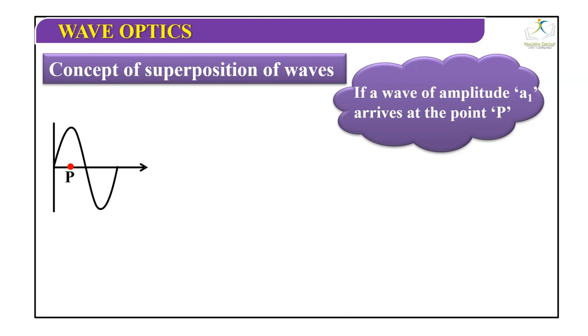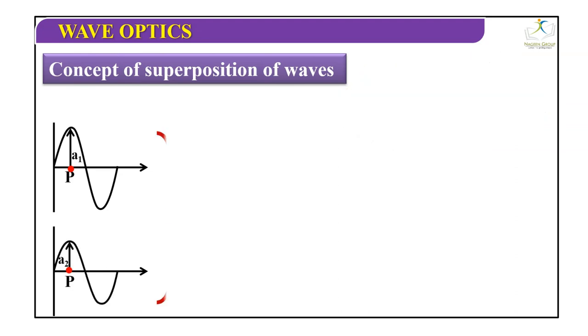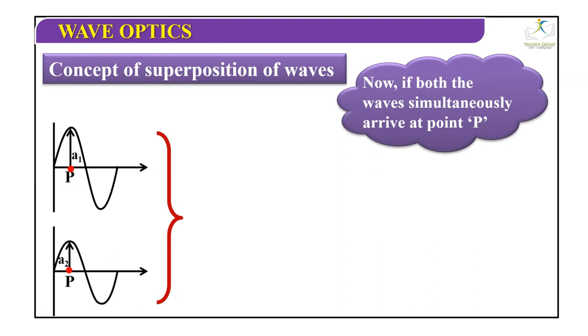If a wave of amplitude A1 arrives at the point P, and now another wave of amplitude A2 arrives at the point P, then if both the waves arrive simultaneously at the point P, what will happen?